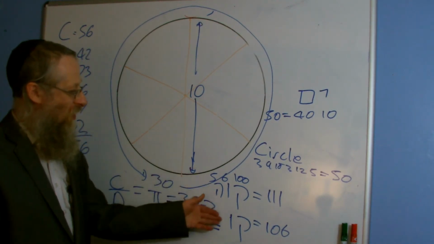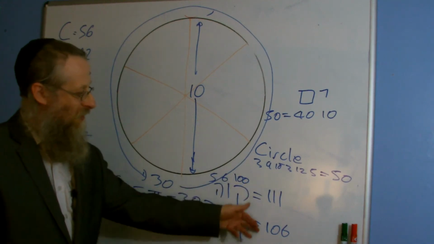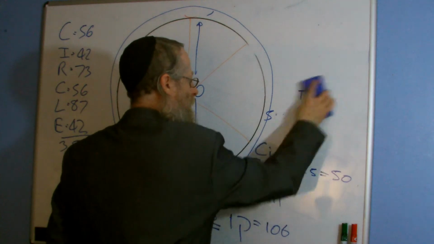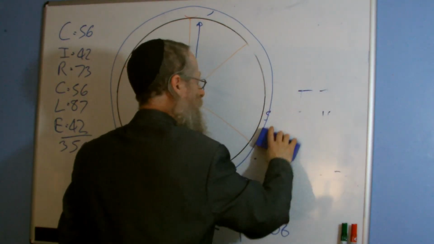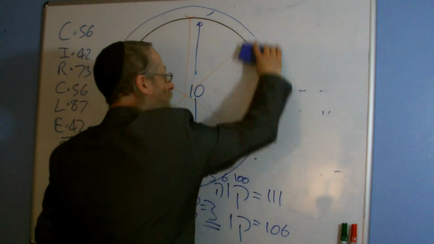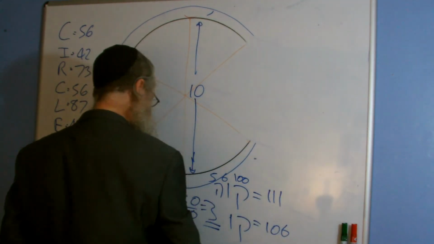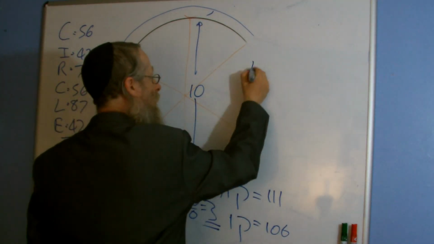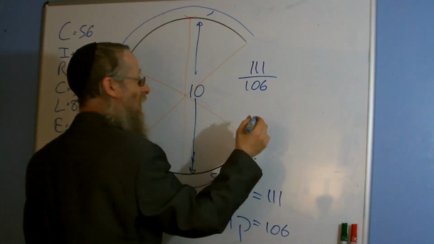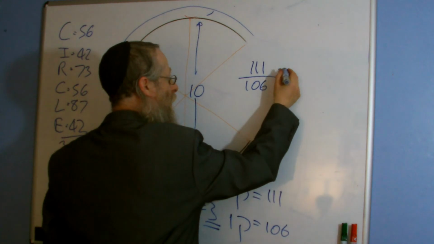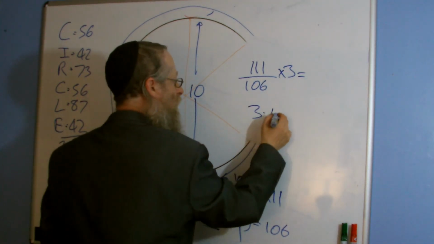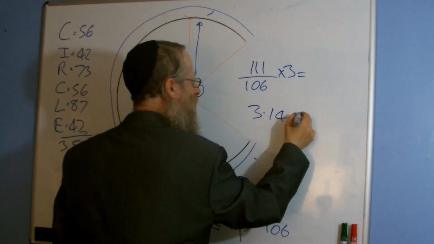The two words of kav, these two numbers here, I might just rub this off now, give you a bit of room. If you take those two numbers, 111, and divide it by 106, and then multiply your answer by 3, you'll get pi to 4 decimal places.